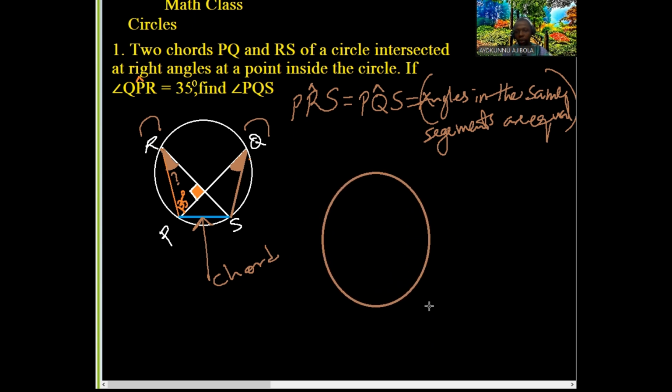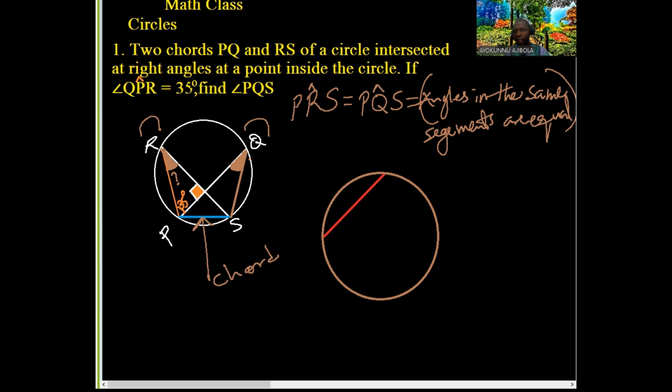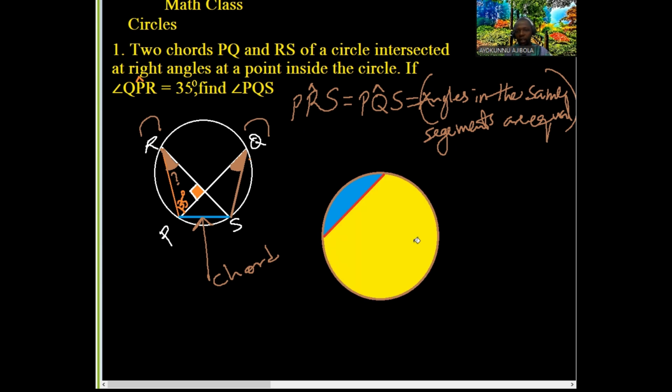How do you identify angles in the same segment? Let me show you something. If you have a chord, let's say this red chord, and that chord subtends various angles, there are two segments now, yes or no? This segment and this segment, the major and the minor segments.